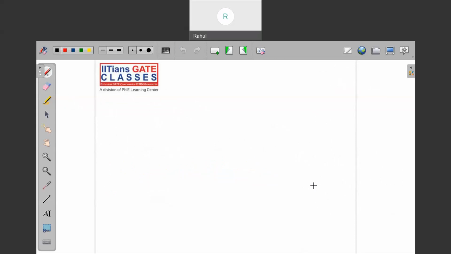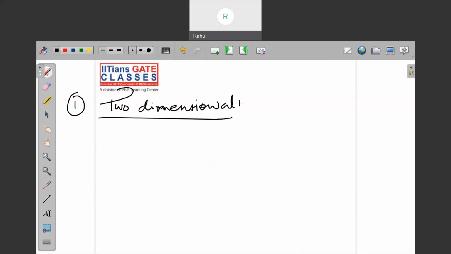So the first coordinate system which I'm going to talk about is the rectangular coordinate system in 2D. Suppose this is your x axis and this is your y axis.